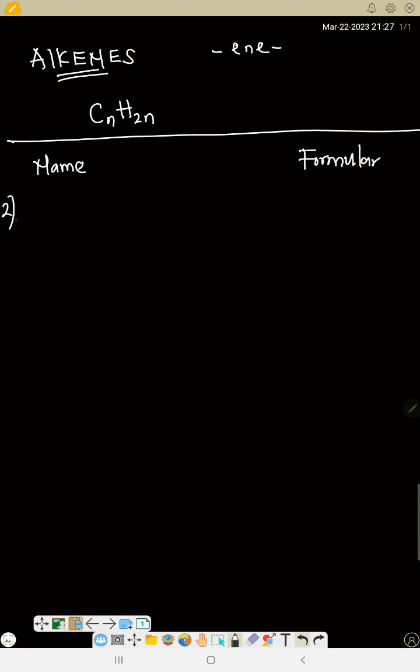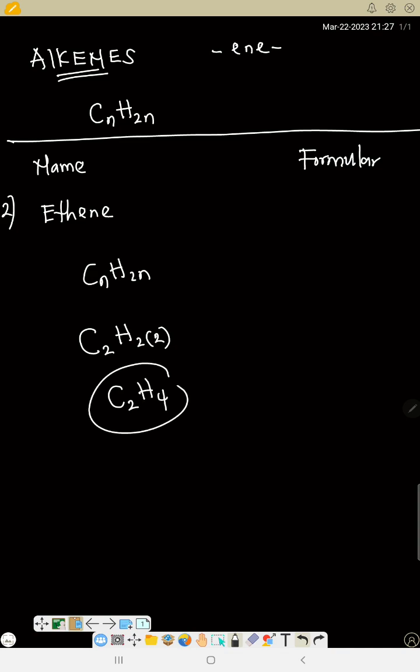2 is 2 carbons and is eth. Now ethene. Using the same formula, CnH2n, that will be C2, remember n is 2, C2H2 times 2. So this is C2H4. So ethene is C2H4.